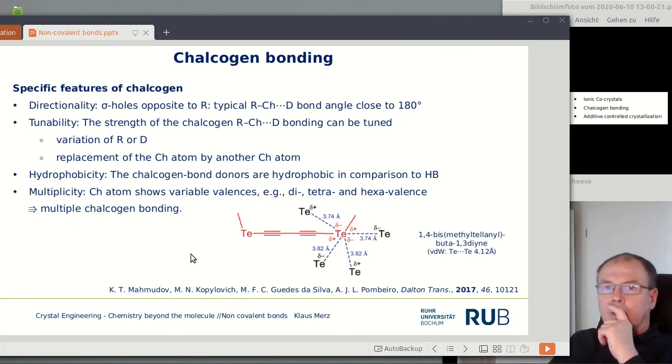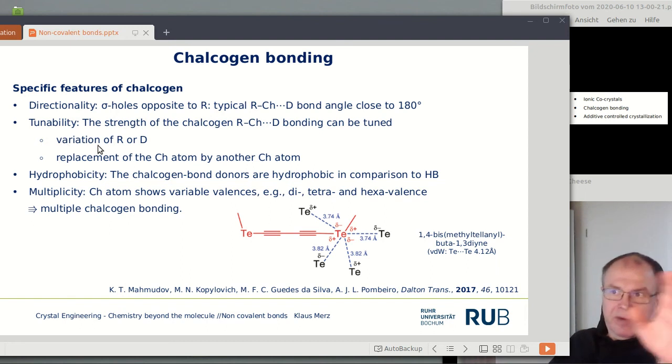Now, there's another way you can tune chalcogen bonding, beside variation of a substituent, beside variation of a donor or a chalcogen atom. You can tune it by using fluorine substituents.